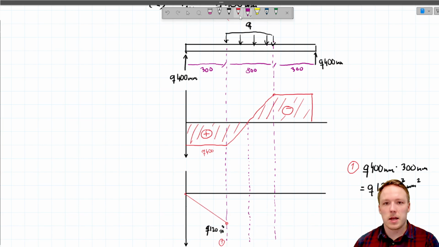So next we are going to solve the bending moment at that location. The bending moment at that location will be Q times 400, so that is the support on the left end here, and the distance from there to the middle of the beam will be 700.